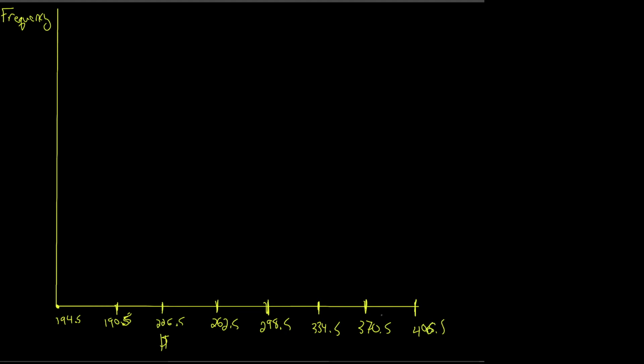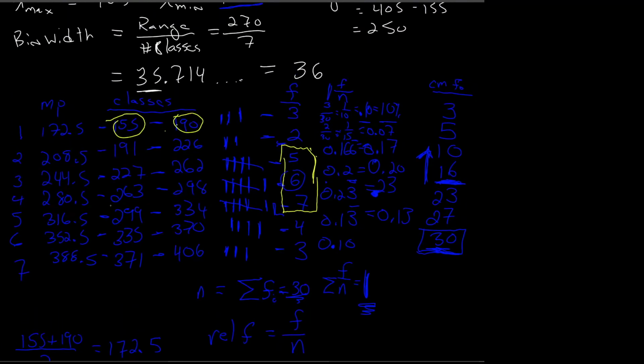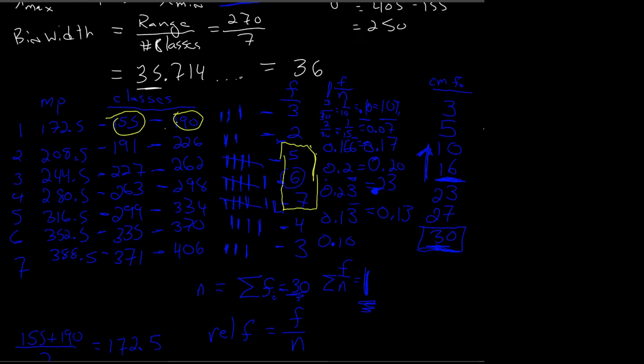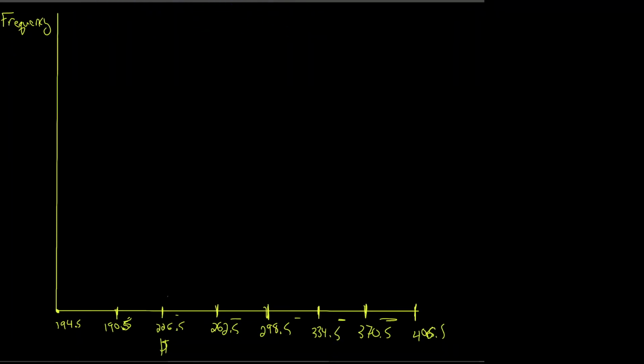What I've done is I've made a bin visually across the number line for each piece of data here. And I'm going to count: 1, 2, 3, 4, 5, 6, 7, 8.